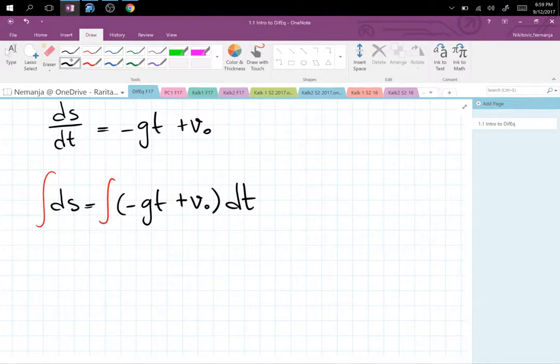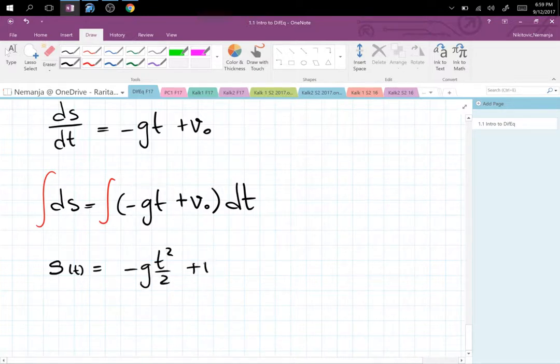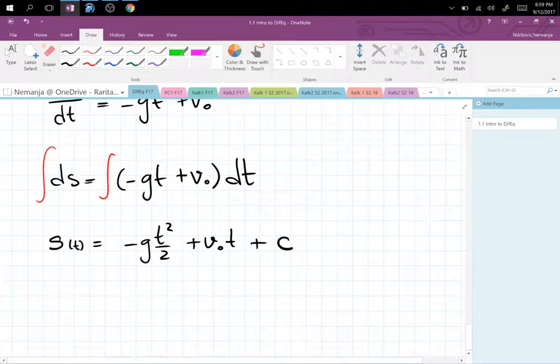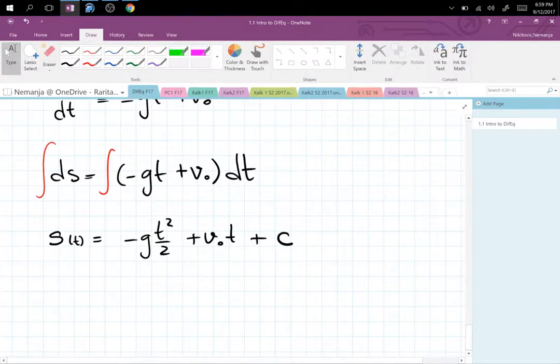The integral of velocity is just going to be s, which is s of t, the position function. And then we have negative g t squared over 2 plus V0 t plus c. Hey, that looks familiar too. Exactly, parabolic motion, right? So now, when you look at this, you fix it a little bit.